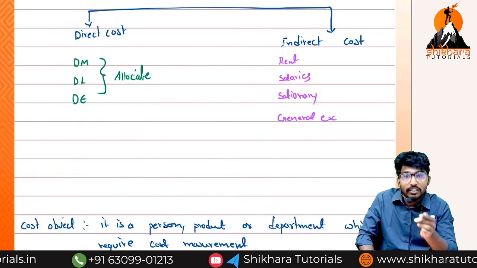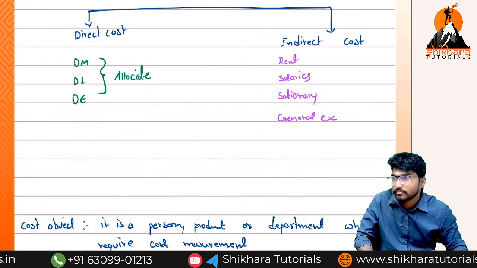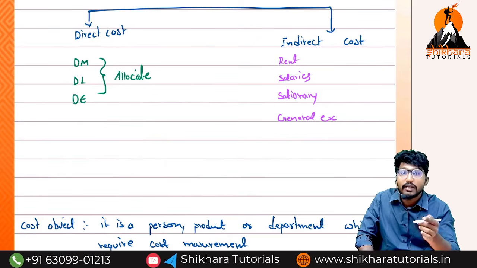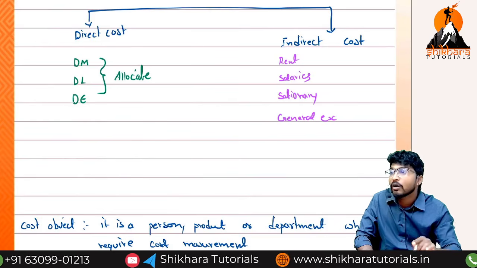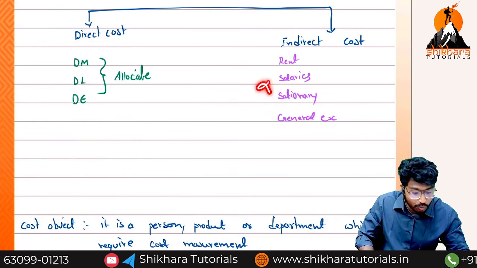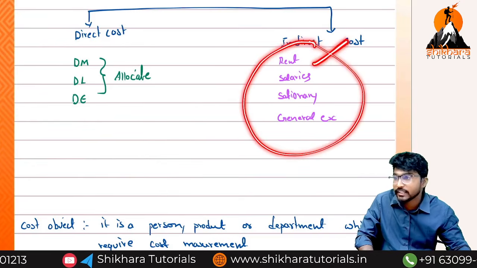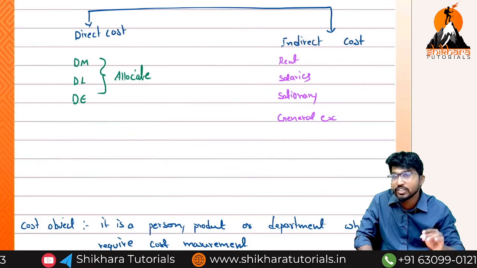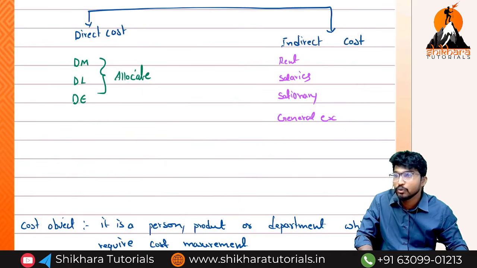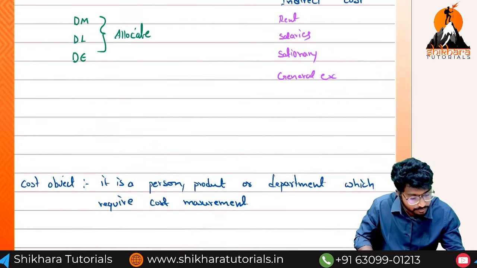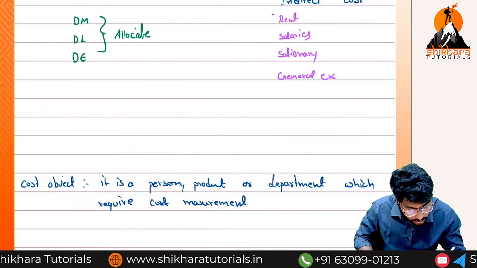We are using some cost drivers to apportion the indirect expenses to whom? Cost objects. Here we use the word apportion. We will apportion the indirect expenses, nothing but share. We will share the indirect expenses to whom? Cost objects. Here it is apportion.